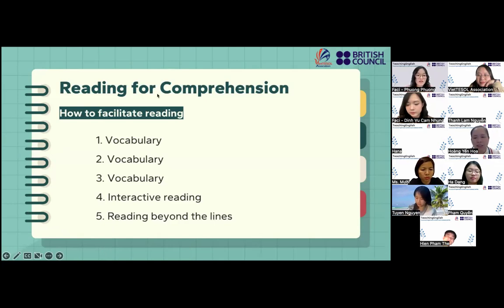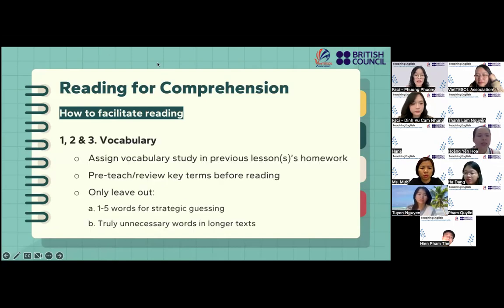But let's look at the first 3 factors here: vocabulary. What are the notes for vocabulary in reading? This is not a workshop on vocabulary teaching, so I will only give certain guidelines on vocabulary in reading lessons. To make sure that students have enough vocabulary for a reading, especially a longer reading, we can assign vocabulary study as homework in previous lessons.